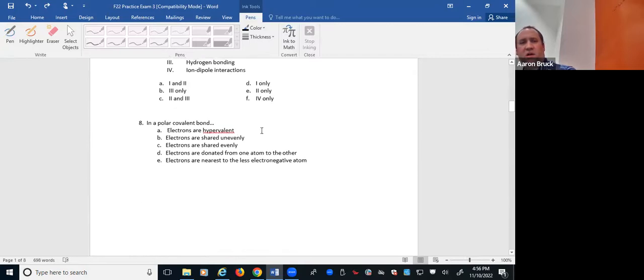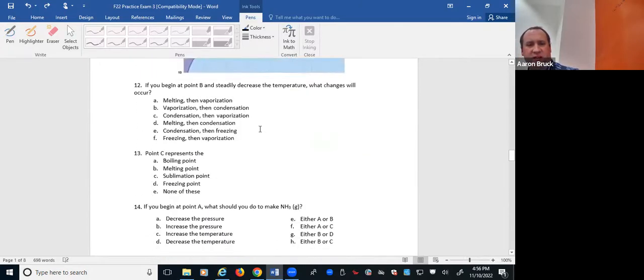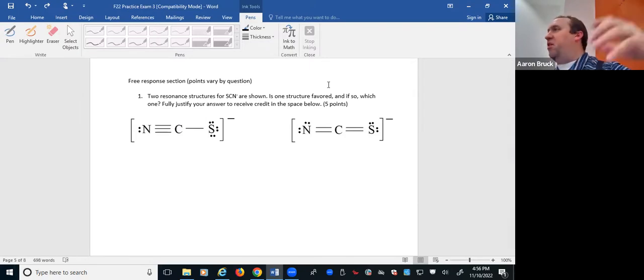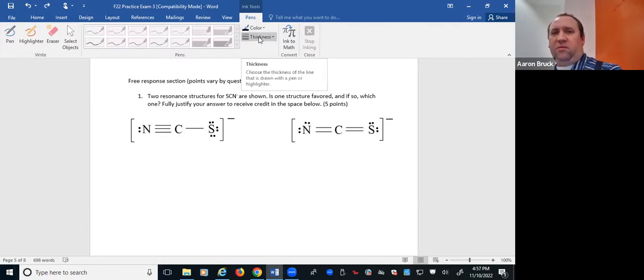So to do that, how do we tell one resonance structure from another? How do we interpret this one's better than this one is? Okay, close.